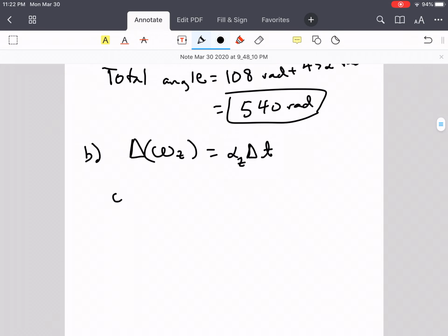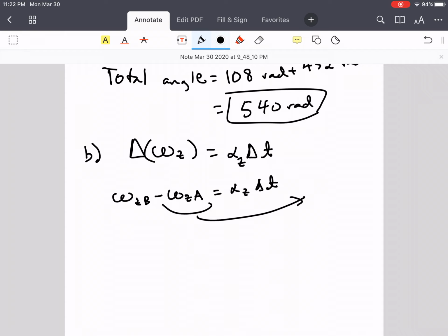So delta omega is final, which is omega zb, minus initial, which is omega za. That's equal to alpha delta t. I bring my omega za over to the other side. Solve for omega zb. And that turns out to be 84 radians per second.